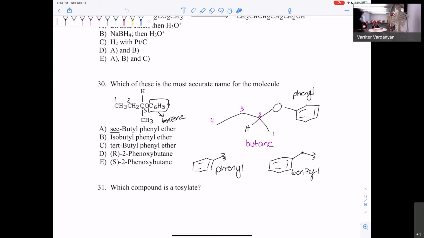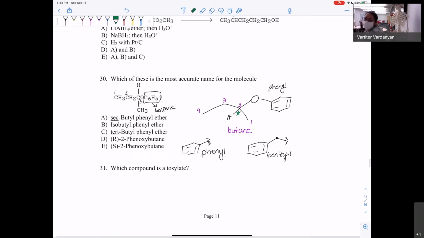So we are looking for R and S. This is the chiral center, so I'm going to give it a little star right there. All right, so based off what we just said in the ether naming, what do we think this ether's name is going to be before we go into R and S?